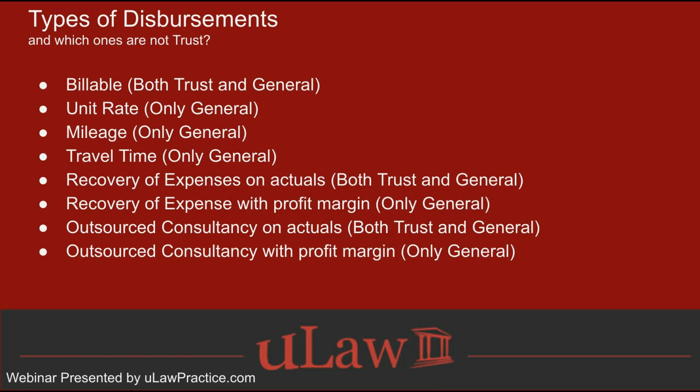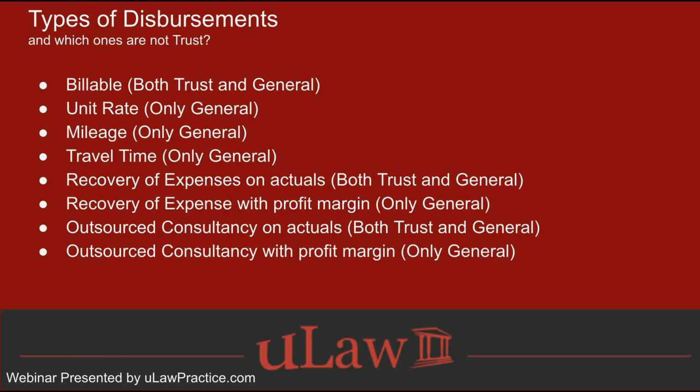So anything on actuals, remember, can go from trust, provided they are court fee, filing fee, any other fees, like process server fee, etc. It requires just a copy of the receipt, and everything else is good.